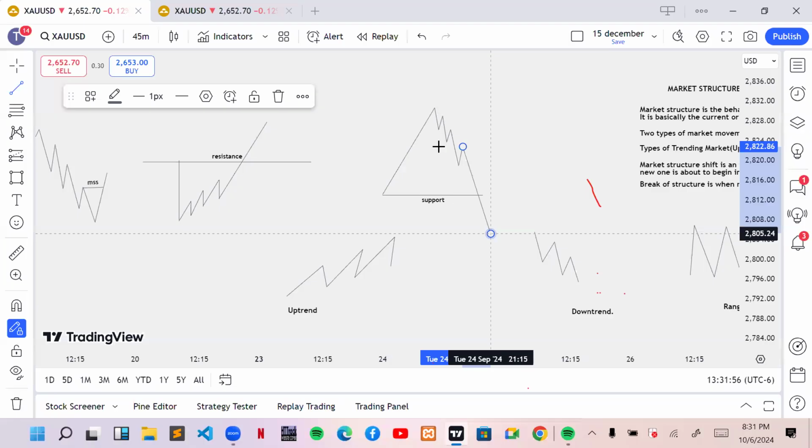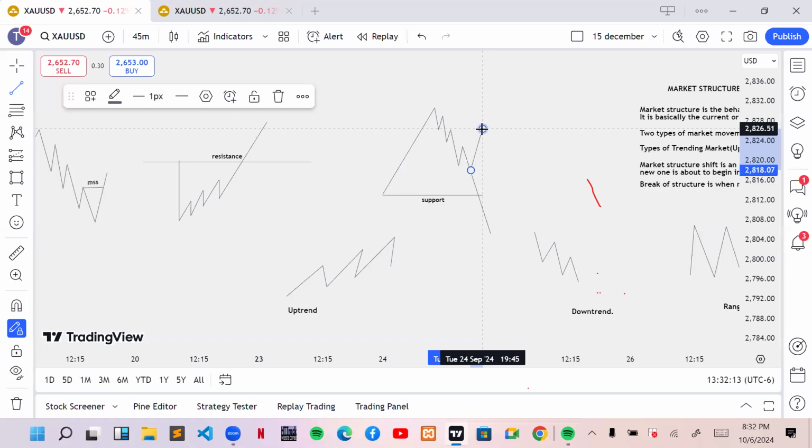The market was previously on a downtrend, and the zone that it broke was still on a downtrend. So it's still continuing the current trend it was on before. If this was a market structure shift, the market should actually break structure and then change direction to the upside. That is the difference between a break of structure and a market structure shift.